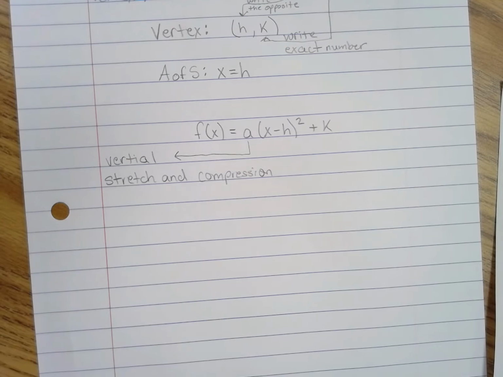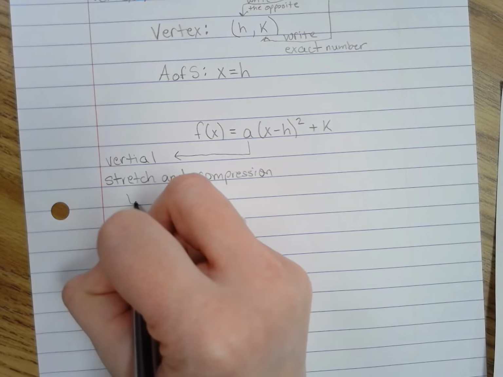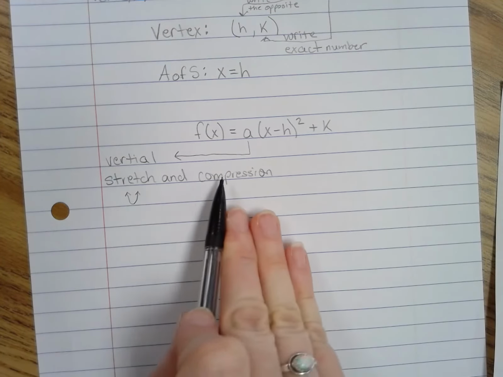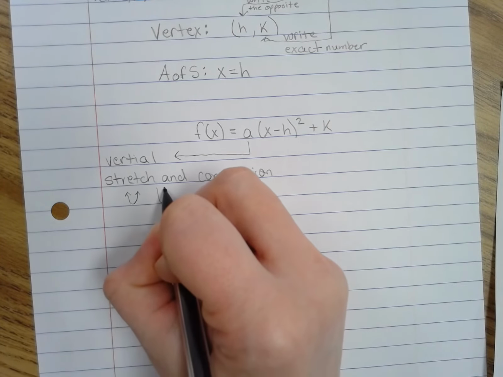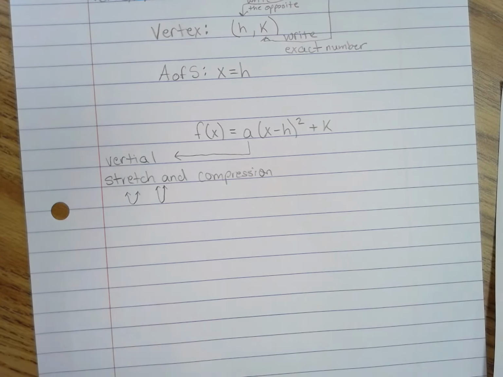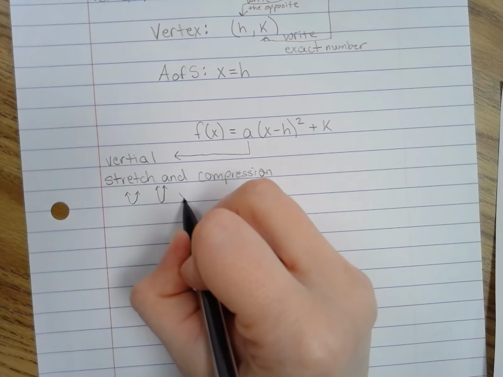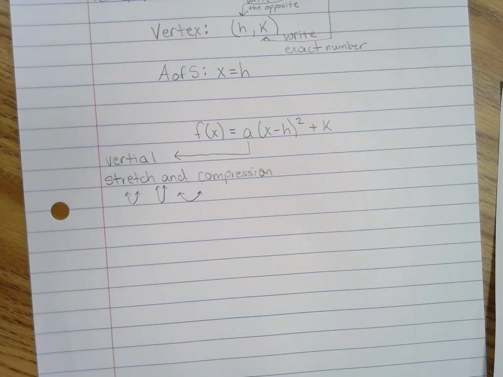So for example, if we had this equation that was a U shape, that's just the basic U. If we wanted to stretch or compress it, a stretch would be maybe just really tall, where it's taken and really pulled that y value up very quickly. A compression would be something that's really flattened it out, really made it squish down.